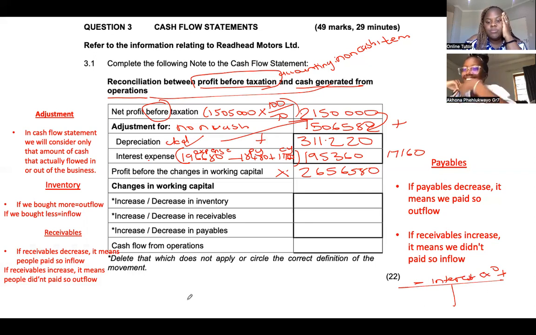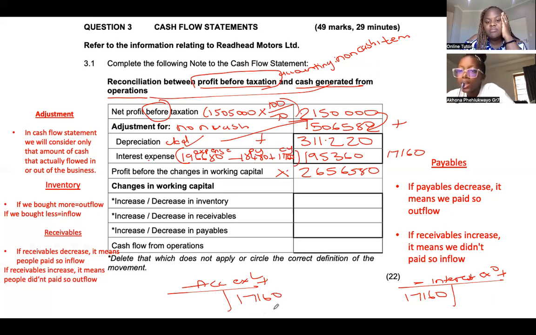Do you agree that for the current year, we would credit 17,160, and therefore we debit 17,160?